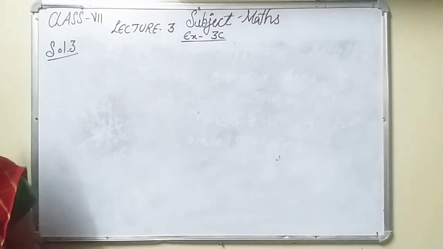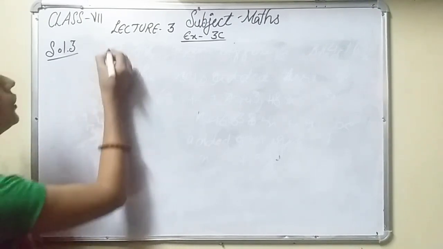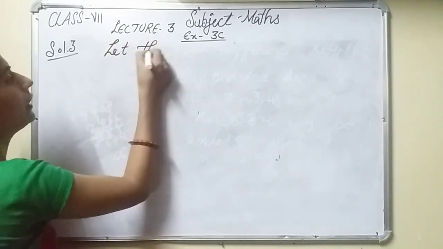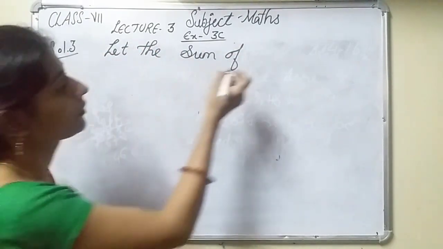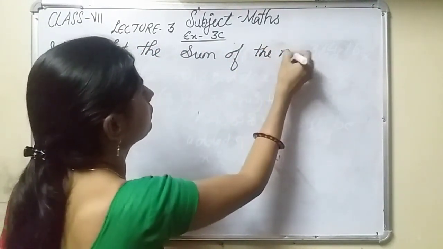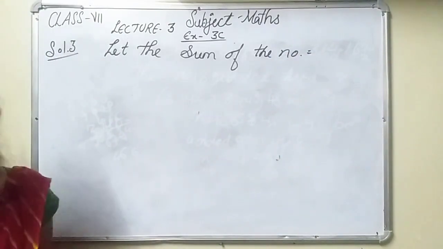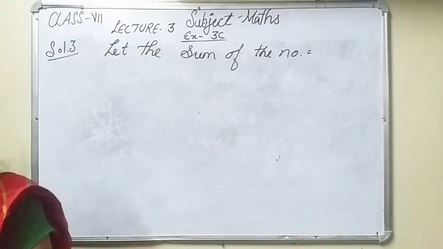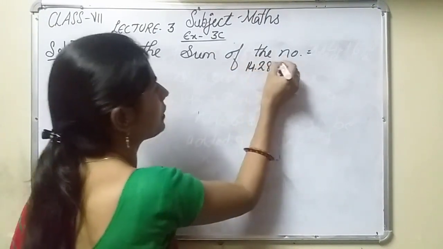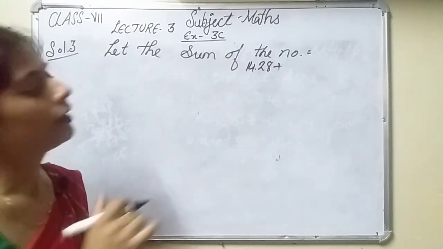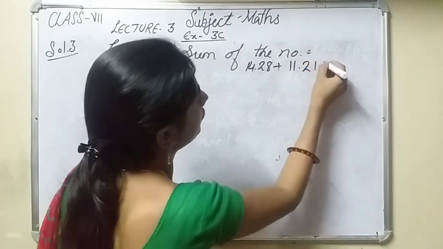Now see, first of all let the sum of the numbers be 14.28 plus 11.219.